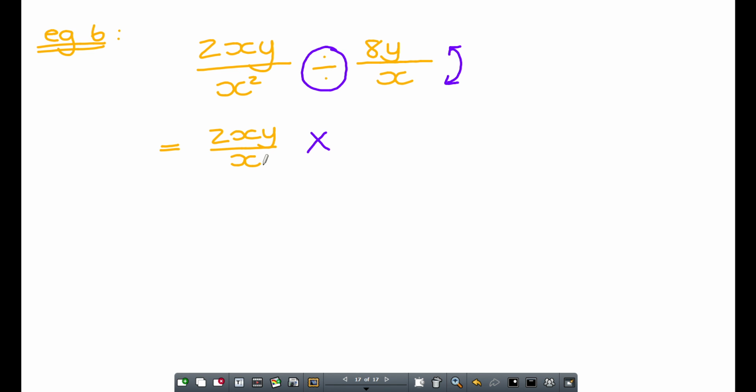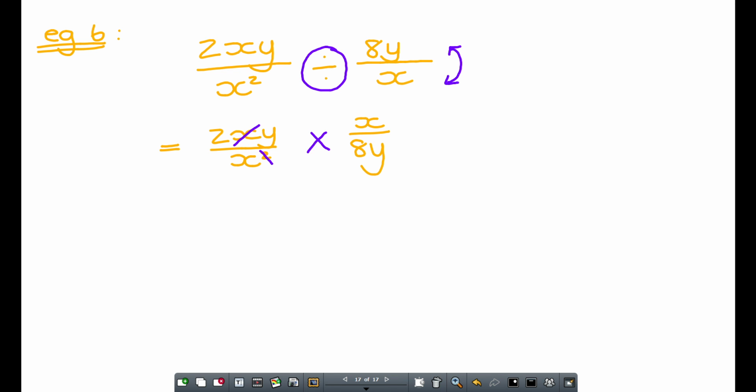Can you see the one in front of that division was not changed at all? It stayed the same. Now the division I changed to multiplication, which means that these two have got to swap around. So now I'm going to have x over 8y. You guys fine? And from here on, it would be normal steps. So I would then say this x, let's do up and down first. That x can cancel out with this one.